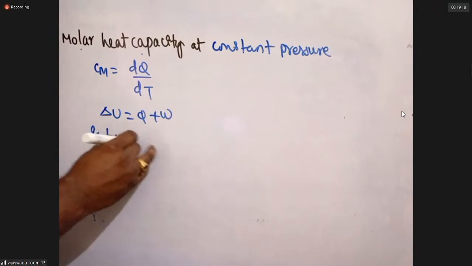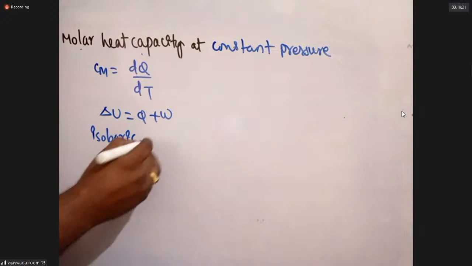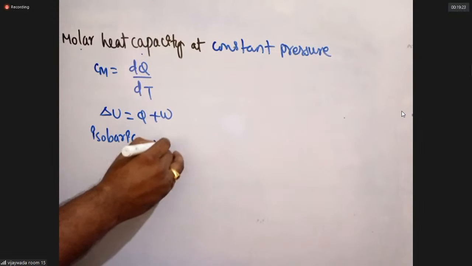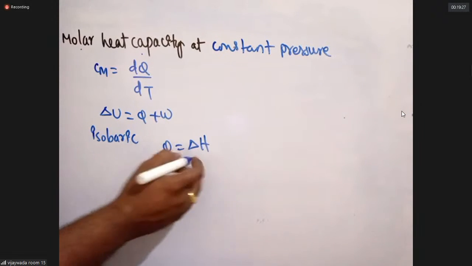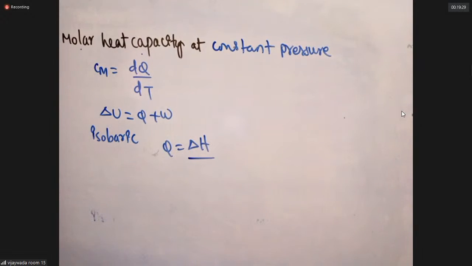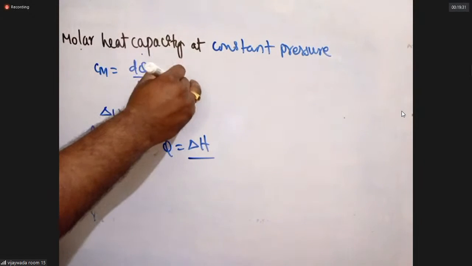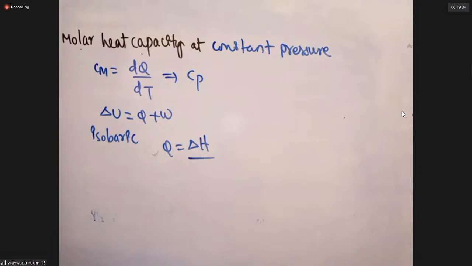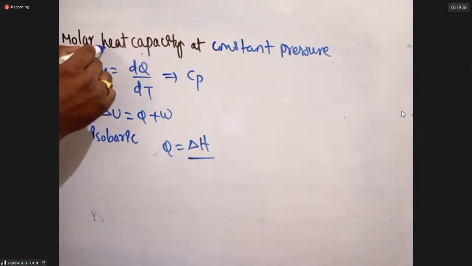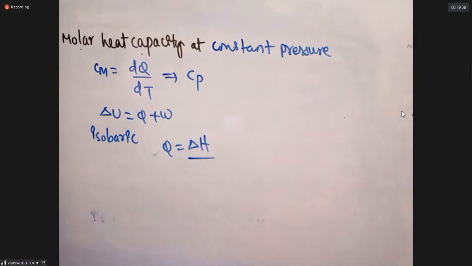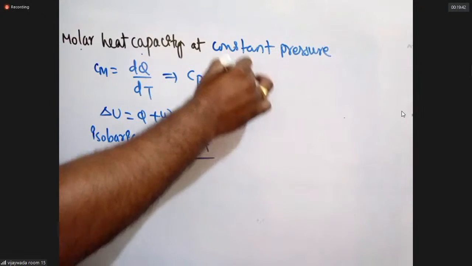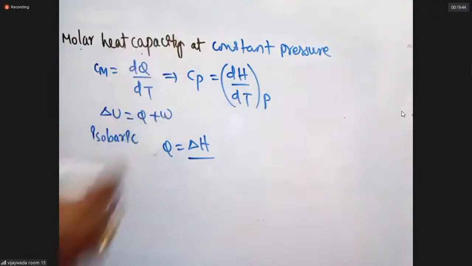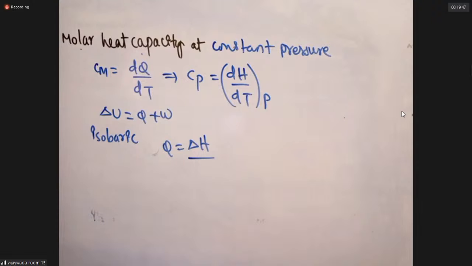In an isobaric process, we derived one formula, delta Q equals delta H, enthalpy. So this equation is modified as Cp, where Cp is molar heat capacity at constant pressure, equals dH by dt.